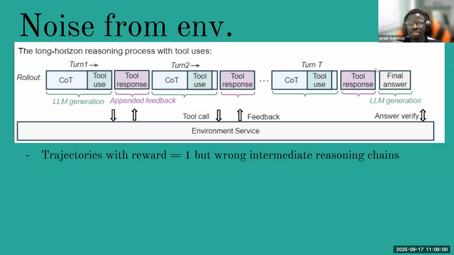Now, where the noise comes in with this setting is that, imagine, for example, the model is solving some mathematical problem. Then the model tries to verify something, writing probably a small Python function. If this Python function contains some error, the model will spend a few turns trying to fix this error before it resumes its normal trajectory of actually solving the mathematical problem.